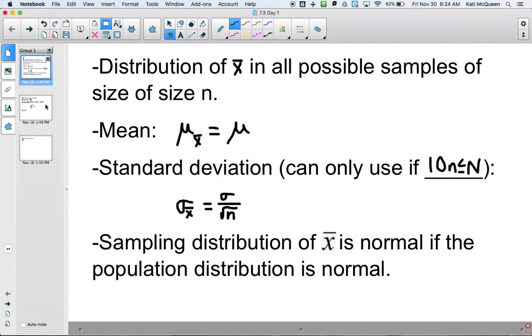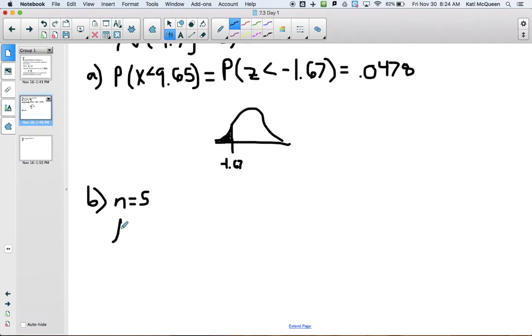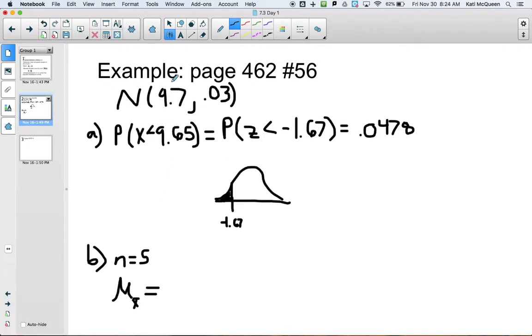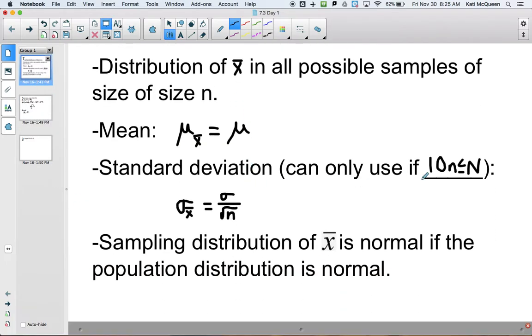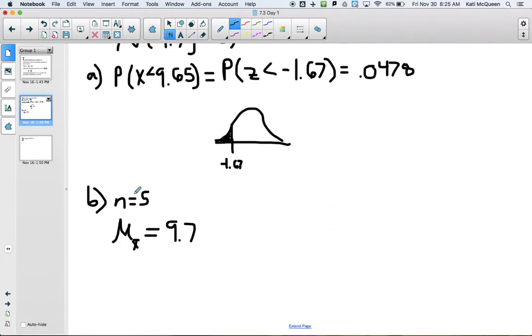So I want to look at the mean of x bar first. I know the mean of x bar is just equal to mu, which here is that original mu, so 9.7. Before I look at standard deviation, remember this has to be true: 10n is less than or equal to big N. So I'm going to say 10 times my little n, which is 5, so 50.